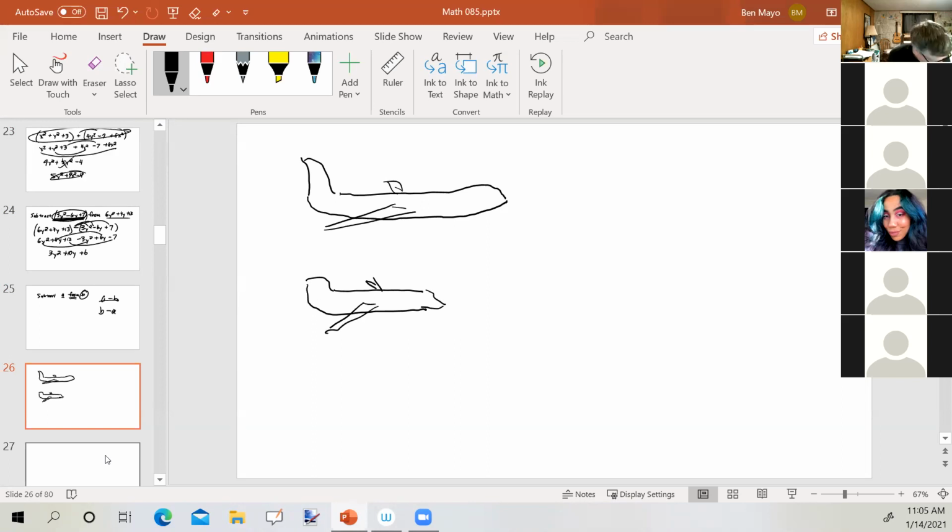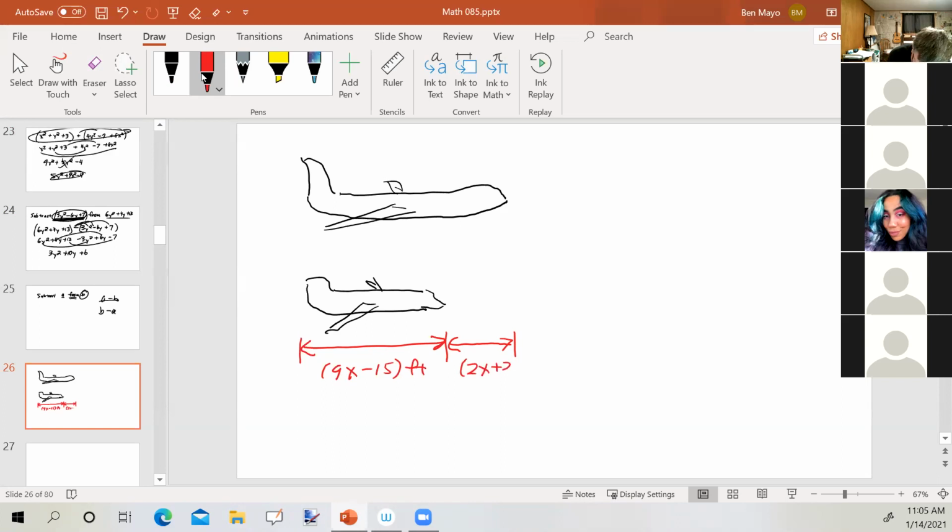Okay, now, here's what's down below. We've got this and this, and then there's this. And this says 9x minus 15 feet and 2x plus 3 feet.